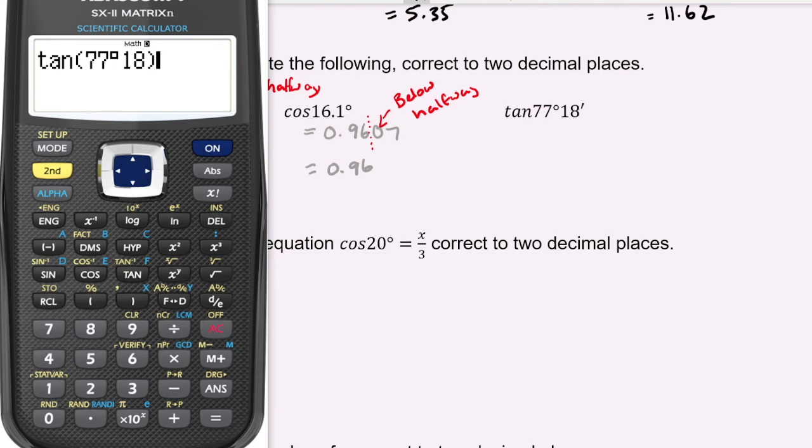And you can either hit it again or you can just close off the bracket. Might need to hit it again. Let's go back. Try that one more time. There we go. So it's going to be 4.4373.